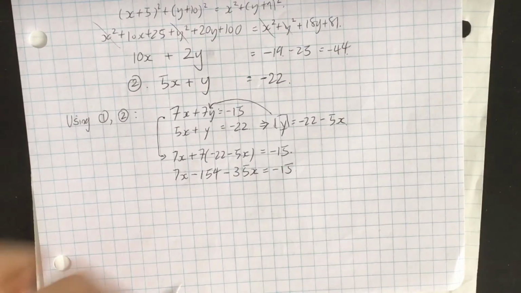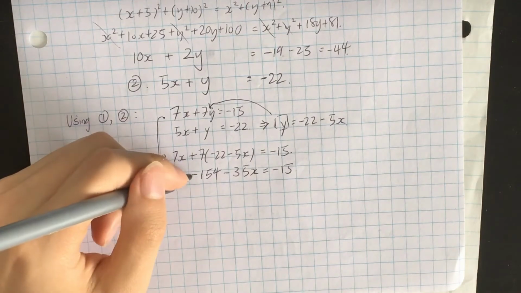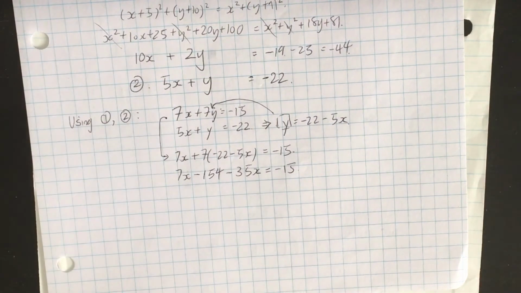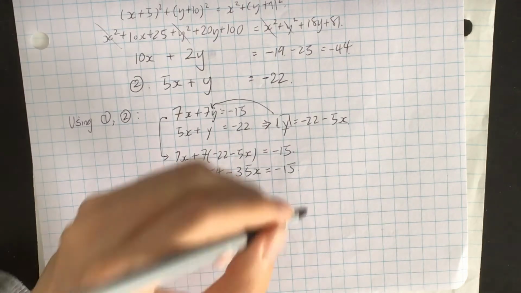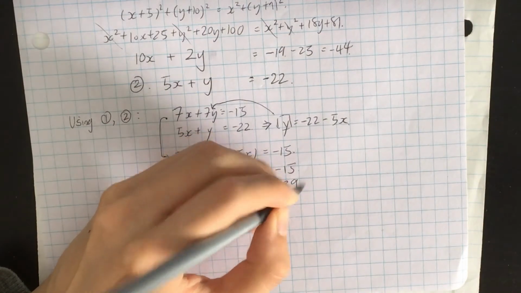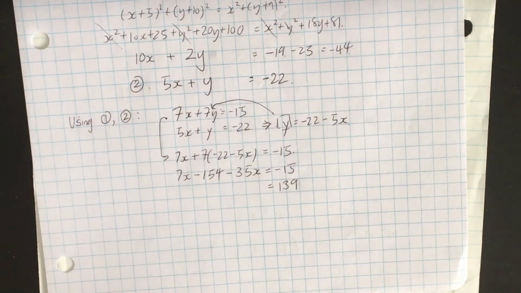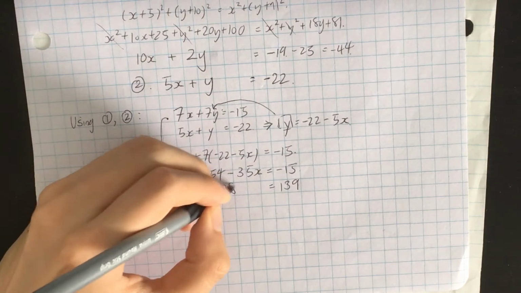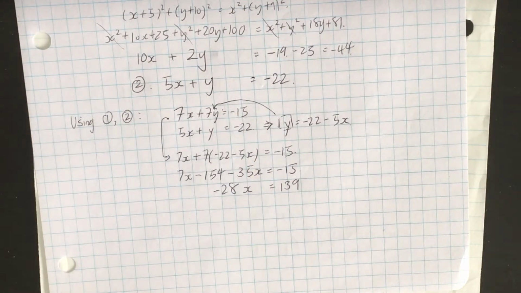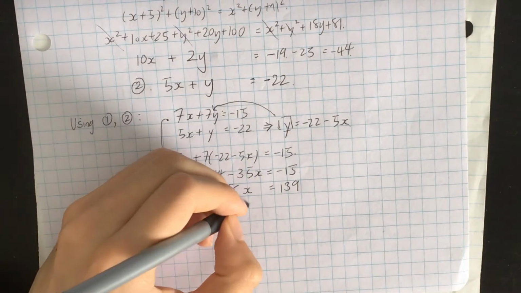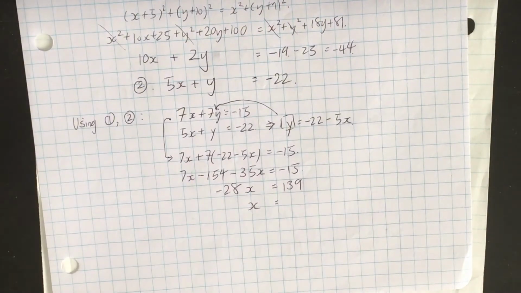And now we can just move the 154 to the other side. So we get 139 on the right, and negative 28x on the left.